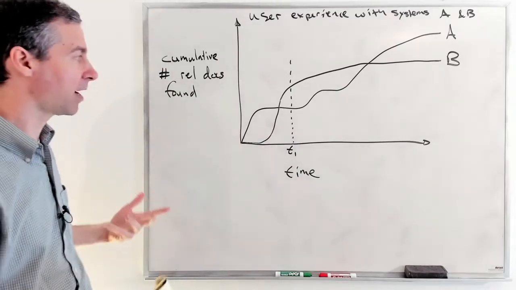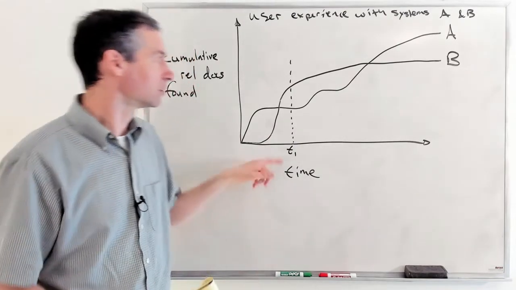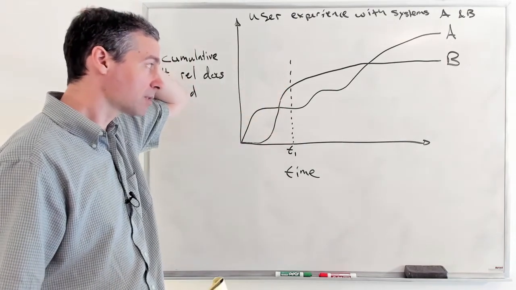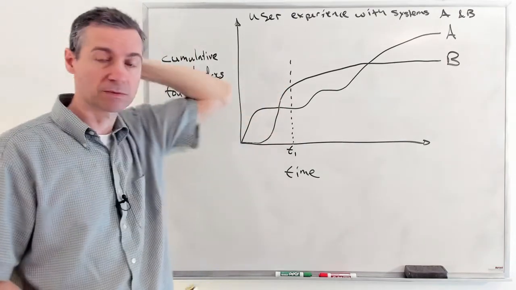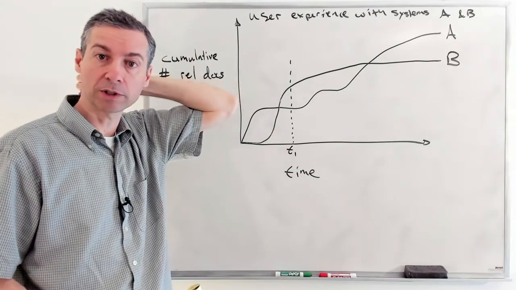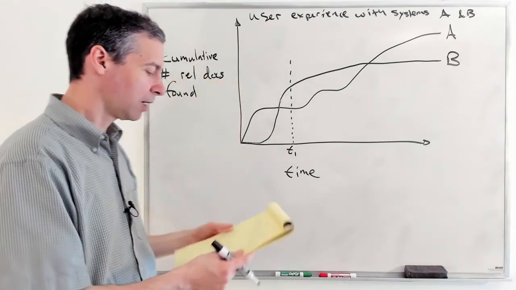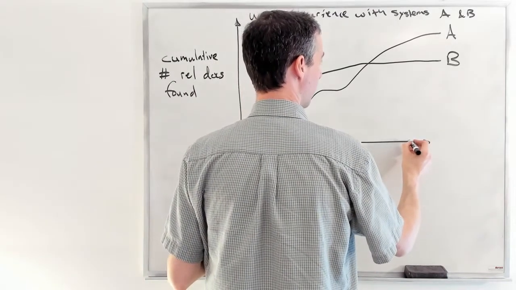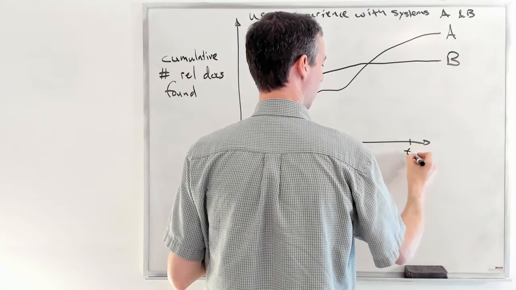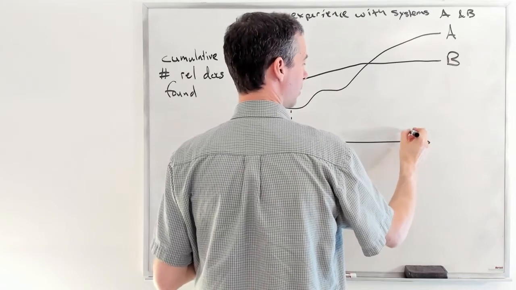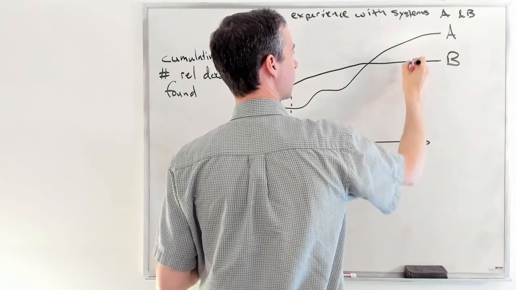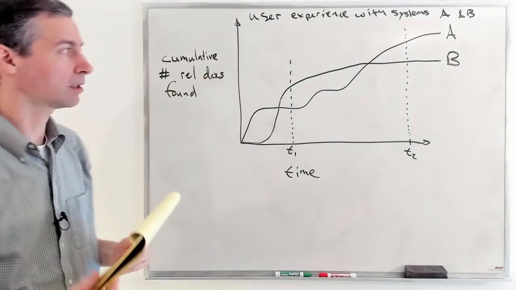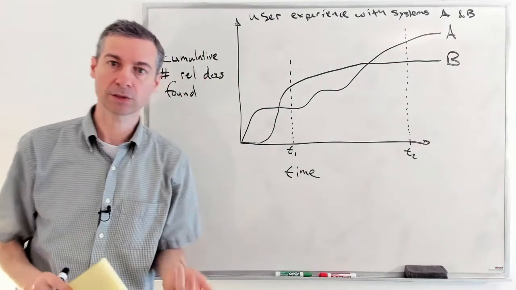I want to find it fast. So system B is superior. It's able in that amount of time for the user to find more material. But on the other hand, let's say I have a lot more time available. I could search all the way out to T2 if I kept going, so take a lot more time. And in this case, we can see that system A is superior.